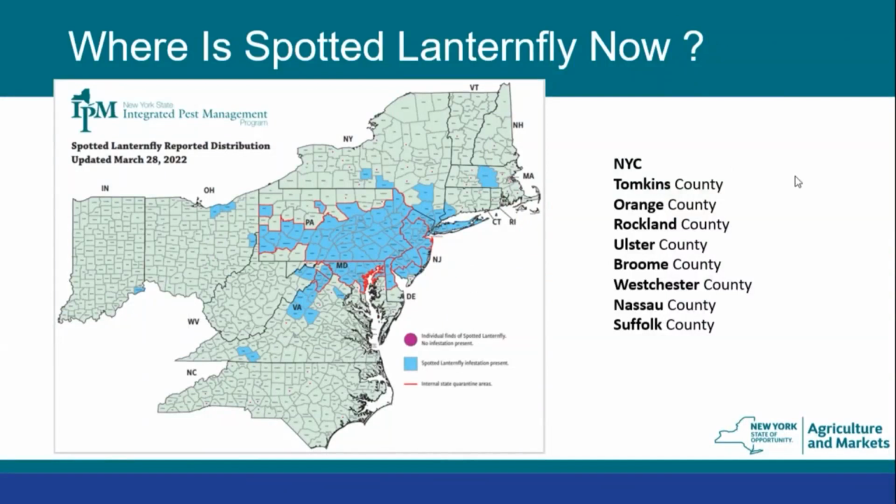I would direct you to the Cornell IPM site for spotted lanternfly for the list of current pesticides that are approved. And Long Island's a little tricky as far as pesticides go because of the aquifer situation there. So some things that may be registered for other parts of the state might not be registered for use on Long Island. So please keep that in mind.